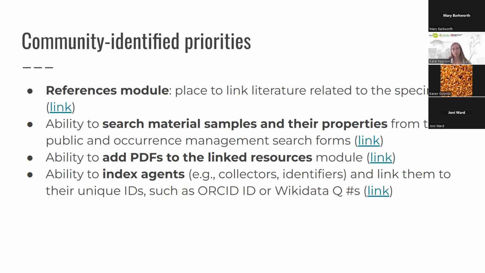And so this would be able to deduplicate names. You know, if you have Juan Hernandez, J Hernandez, J.M. Hernandez, all of the versions of a name, you could link them all together with a unique identifier, and then also be able to link them to their Bionomia profile, if you know what that's about.